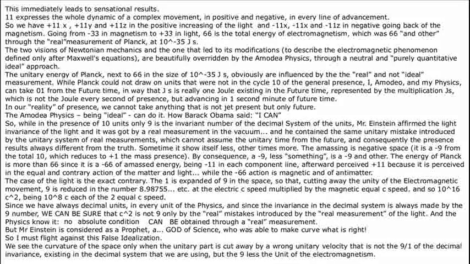Going from minus 33 in magnetism to plus 33 in light, 66 is the total energy of electromagnetism, which was 66 and other, through the real measurement of Planck at 10 raised to minus 35 joule multiplied by second.